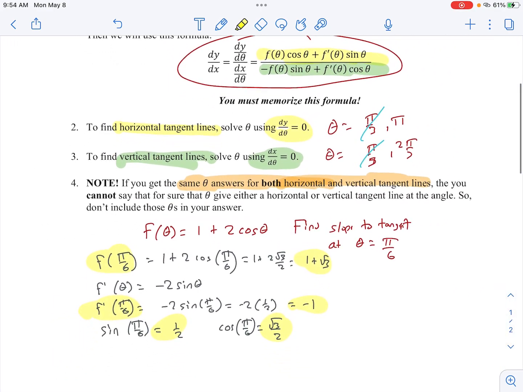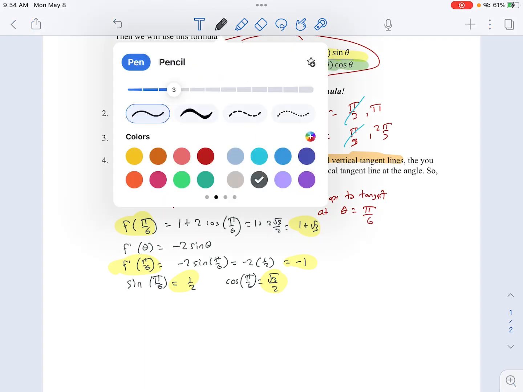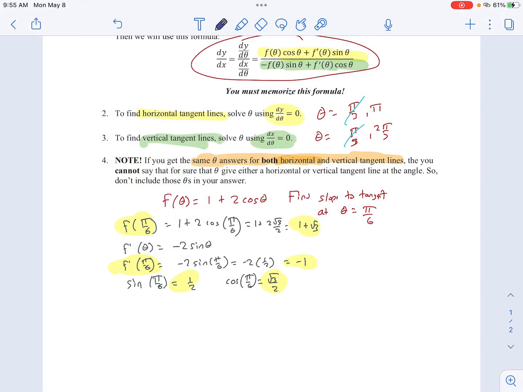I'm going to zoom out a little bit and try to get all this on one screen. So here we go. The derivative, the slope of this tangent line evaluated at pi/6, will be the function of theta.